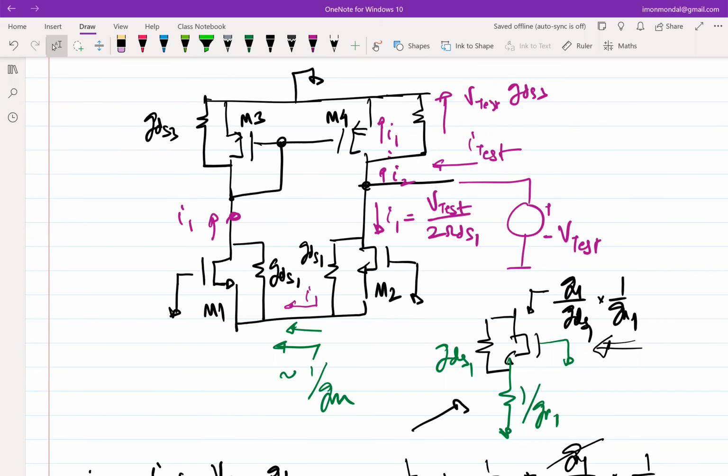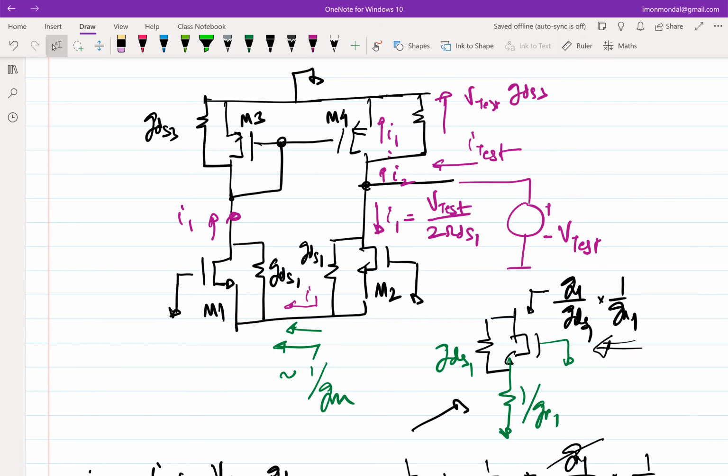You can also put in values. You assume GM by GDS to be more than 10, and you can plug it into a calculator and see how accurate you are. That will give you some satisfaction that these assumptions are not particularly bad. Okay, any questions? Okay, fine, let me stop here.